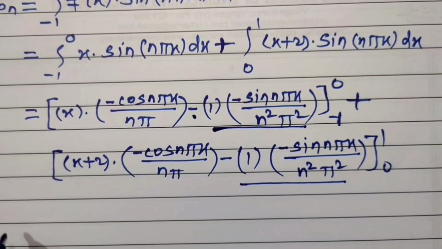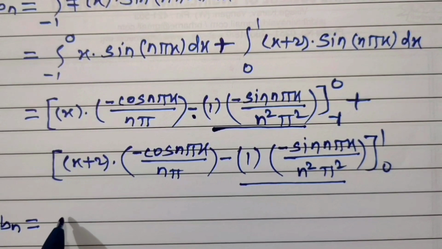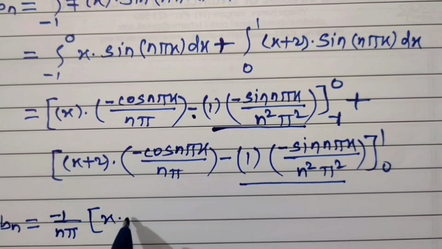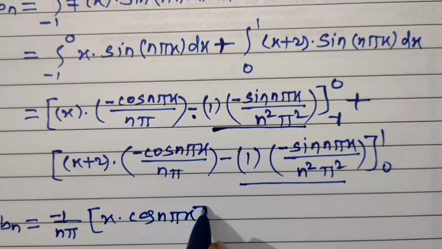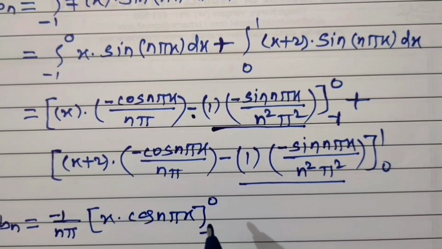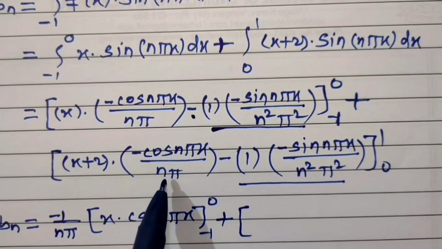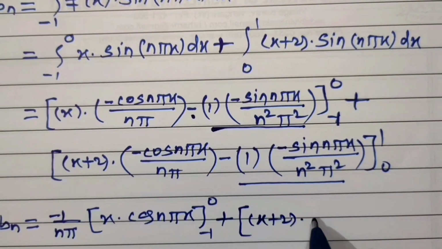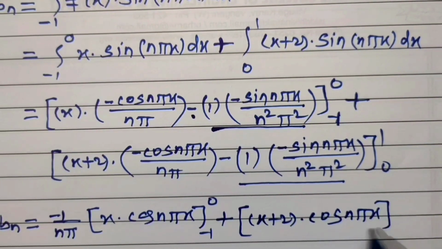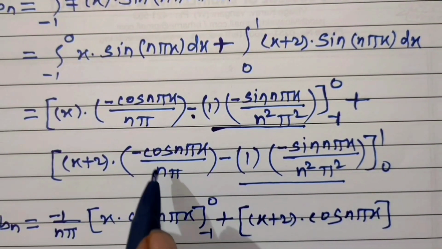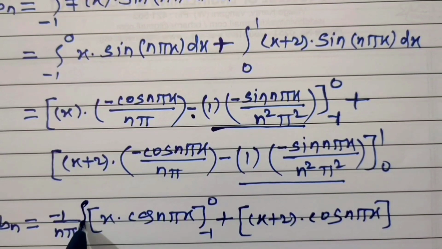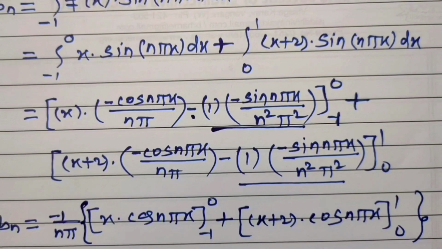Hence Bn is equal to, this can be written as 1 upon n pi, we can take common with minus sign, into bracket x into cos of n pi x, limits from minus 1 to 0, plus now from here this term, minus of 1 upon n pi, here also we can take common, and remaining terms x plus 2 into cos of n pi x, and minus of 1 upon n pi is taken common. So considering here limits from 0 to 1, put the limit and get the value.